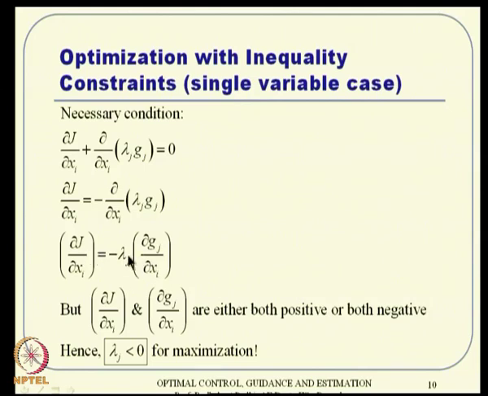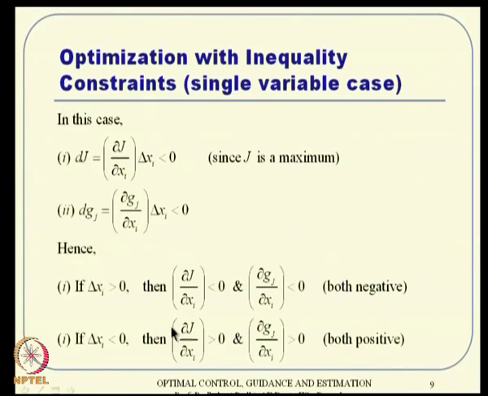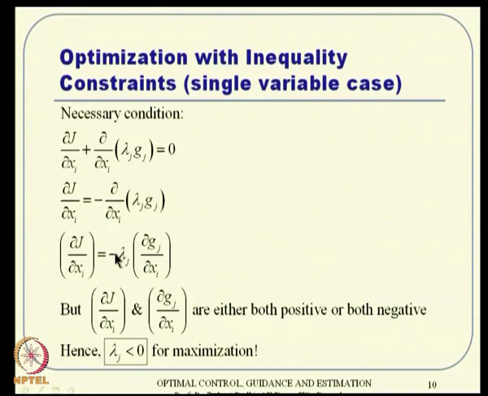But these two quantities always have the same sign, and with a negative quantity here, that means lambda j has to be negative. Remember, this analysis told us that these two will always have the same sign, no matter whether the delta xi is positive or negative. So, if they have the same sign and this is a constraint equation with a negative sign, then lambda j has to be negative, only then will it satisfy all that.